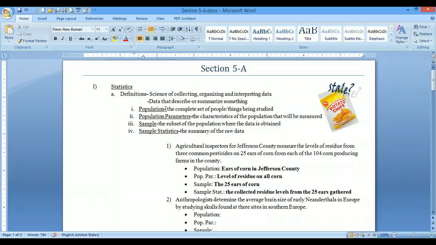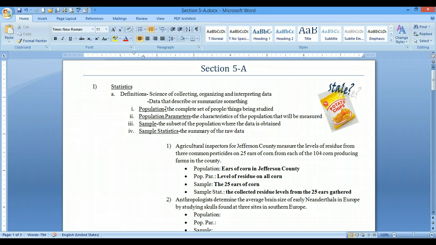Let's move on to finding these same definitions within some more statistical studies. Our first example is: an agricultural inspector for Jefferson County measured the levels of residue from 3 common pesticides on 25 ears of corn from each of the 104 corn-producing farms in the county. The first thing we need to find is the population.